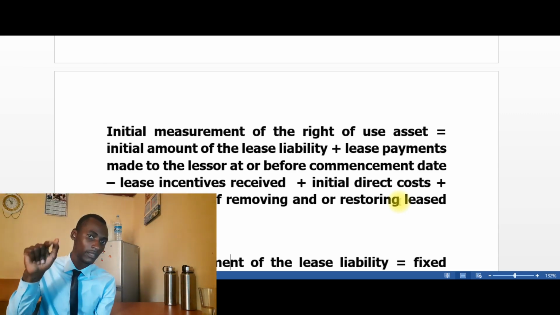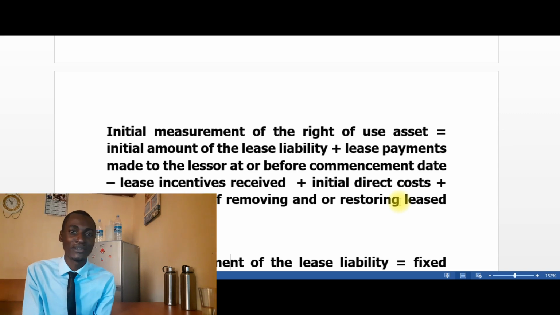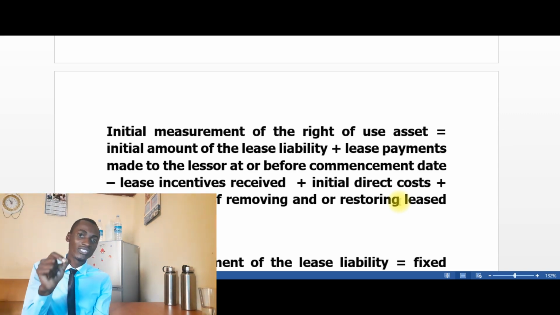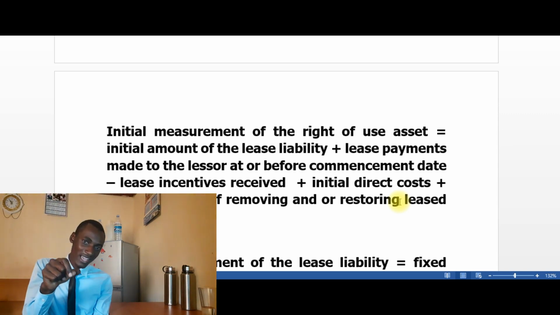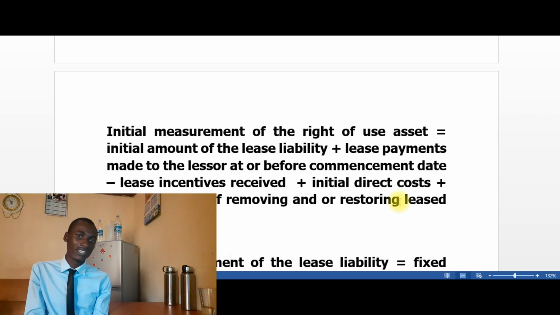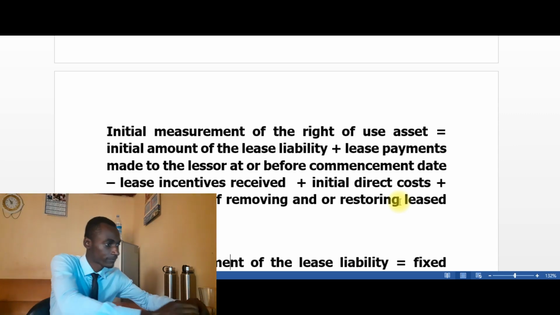Remember, initial measurement of the right of use asset: all those initial direct costs incurred before or at the date of commencement of the lease should be included in the initial measurement of the right of use asset. So these initial direct costs should be included in the right of use asset at the commencement date.